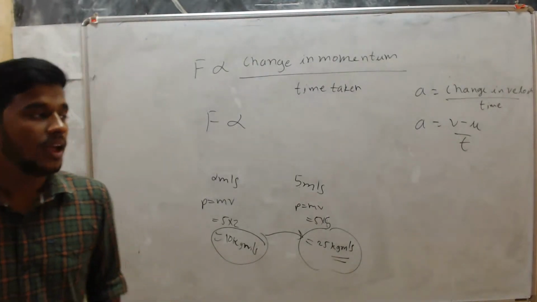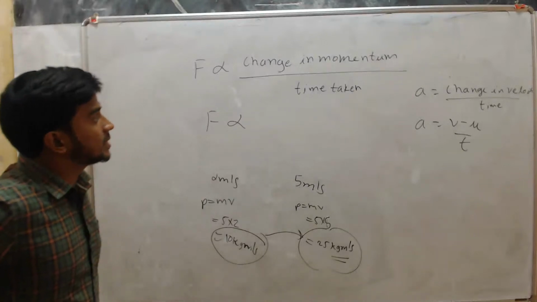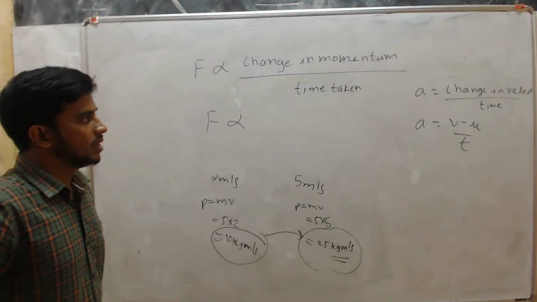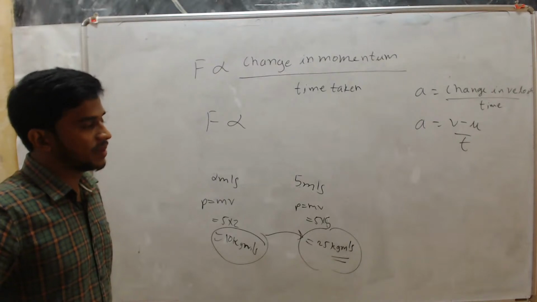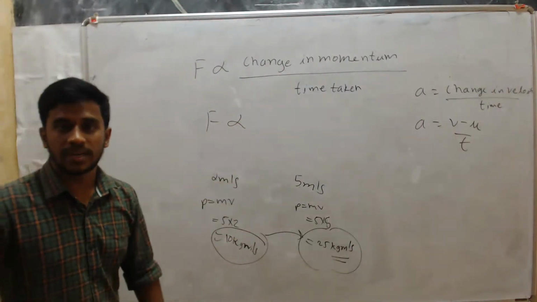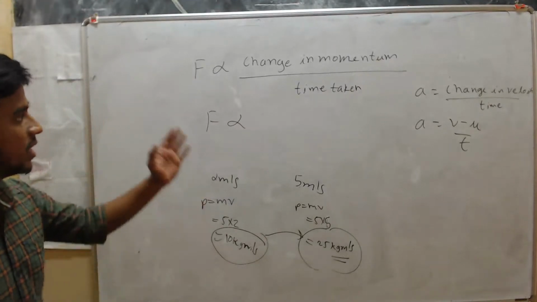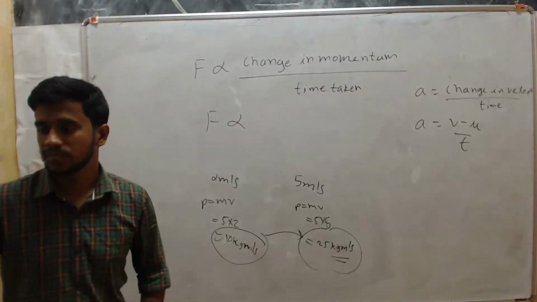First, how to represent mathematically that change in momentum? Because already we have studied that change in velocity we can write mathematically as final velocity minus initial velocity. Now how to write the change in momentum?